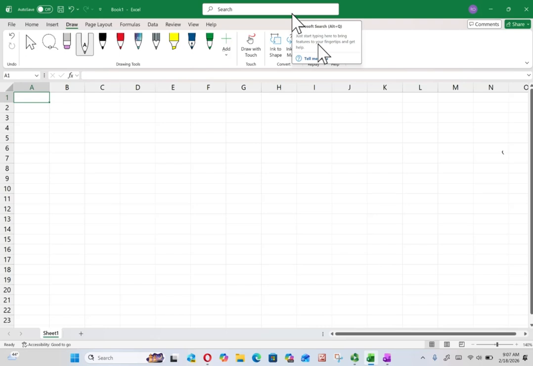It's NORM.DIST and NORM.INV. The NORM.INV is the backwards version of NORM.DIST. So NORM.DIST, you put in a number, and NORM.DIST gives you the area to the left of that number, what the probability is up to that point.